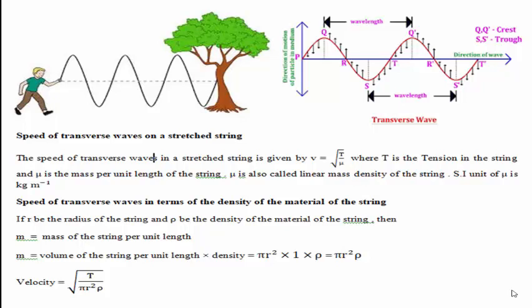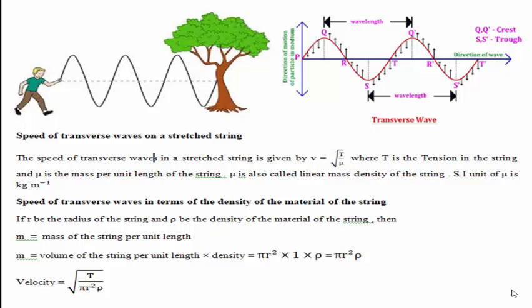That is nothing but your crest to crest. In the below part of the wave diagram, you can see the wavelength again from S to S dash, where S is nothing but trough to trough. Here the wavelengths are 2, in the above of the wave diagram and the below of the wave diagram.